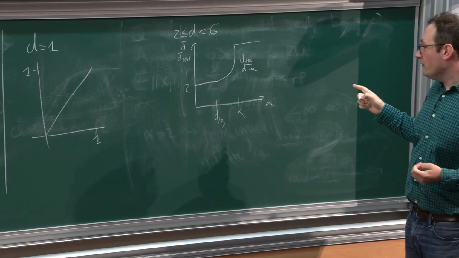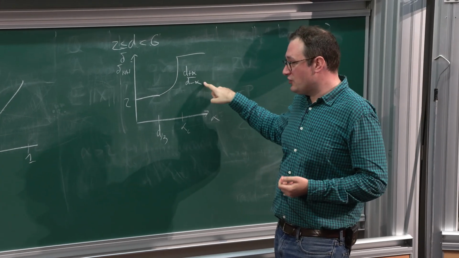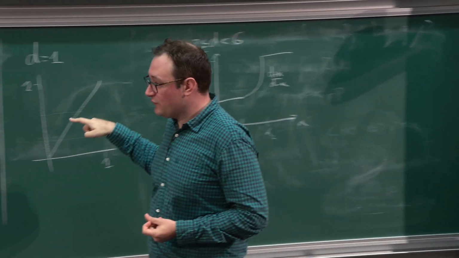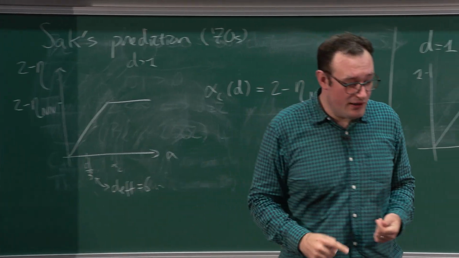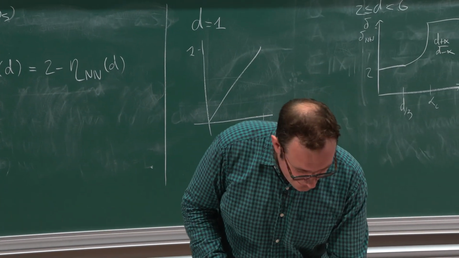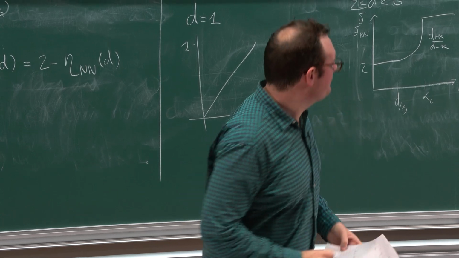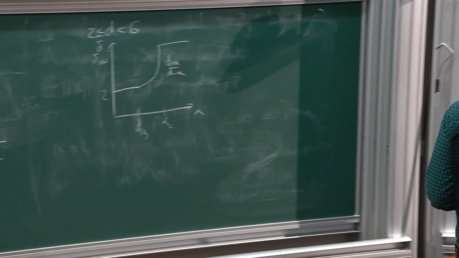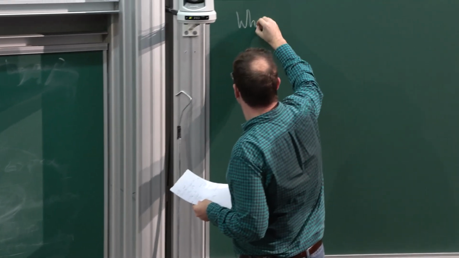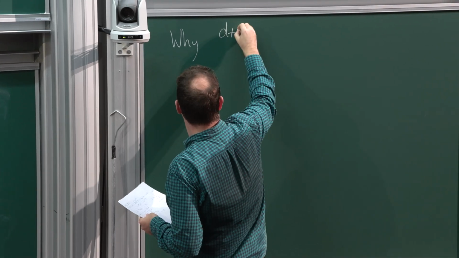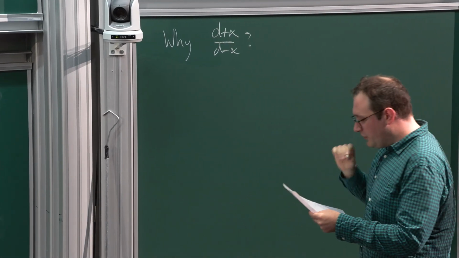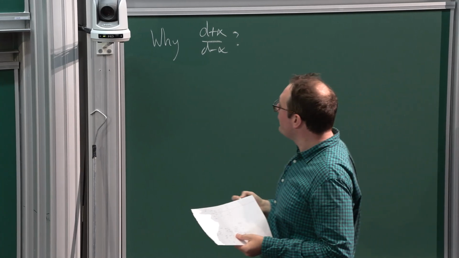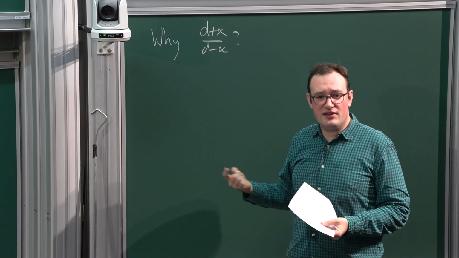Okay, now this particular conjecture, it actually just follows from this conjecture plus the hyperscaling relations that we were talking about last time. So let me explain that in a bit more detail. Okay, so in fact, this is another one of these hyperscaling arguments.